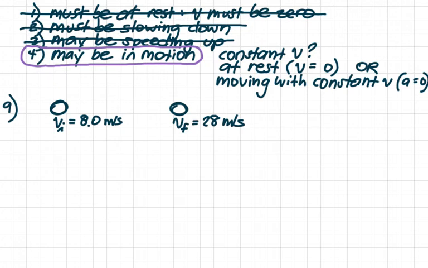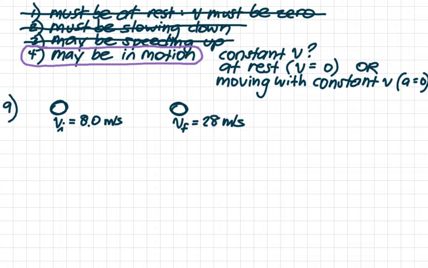All right, so we have an initial condition and a final condition. We got our particle. V initial is 8 meters per second. V final is 28 meters per second. It doesn't specifically say that those are speeds, but I can tell that they're speeds based on the units. I know that meters per second measures speed and velocity, and so those would be speed and velocity, initial and final.